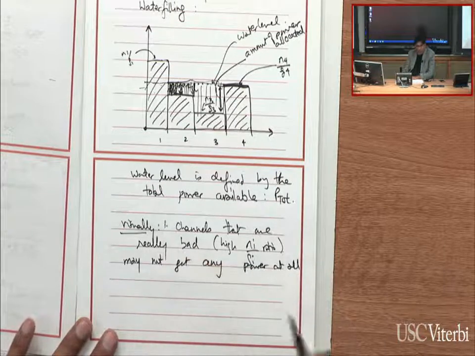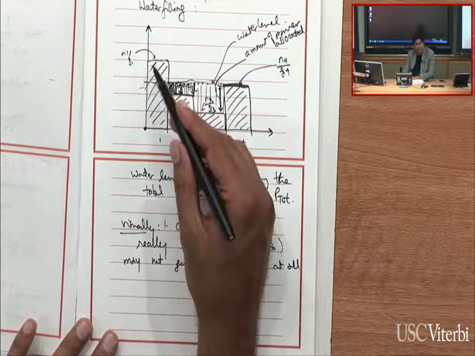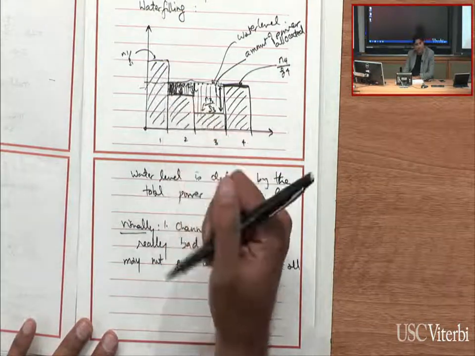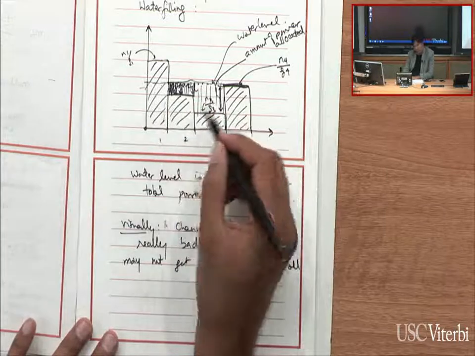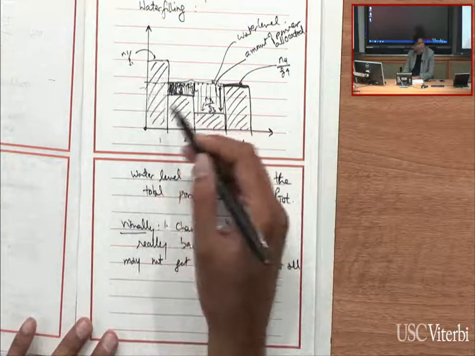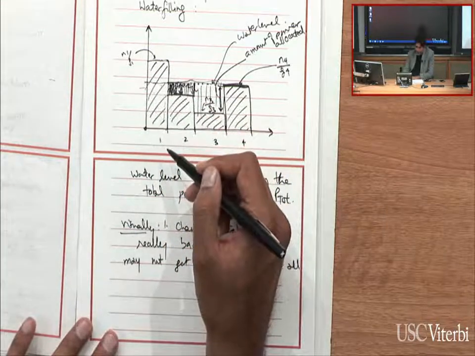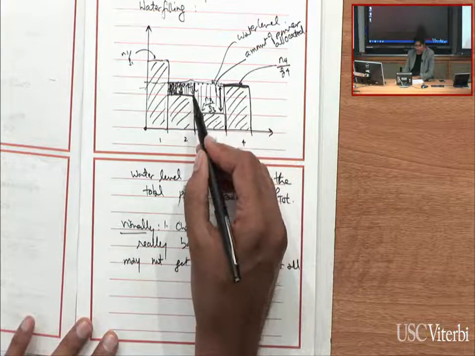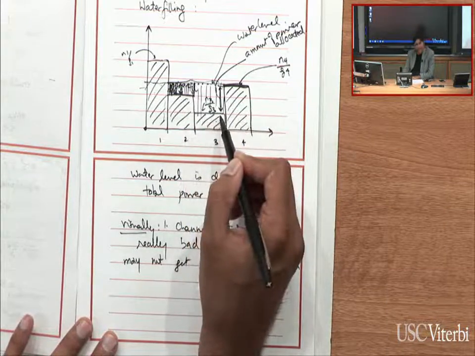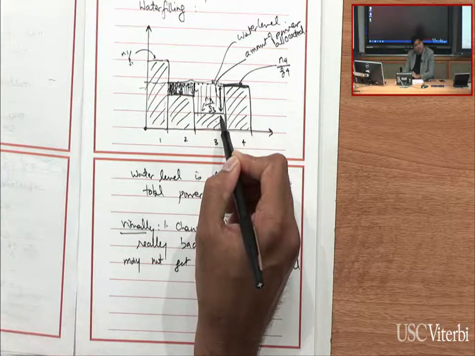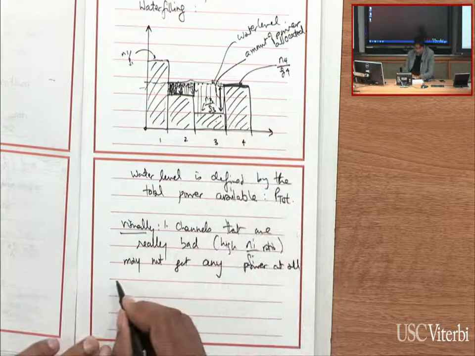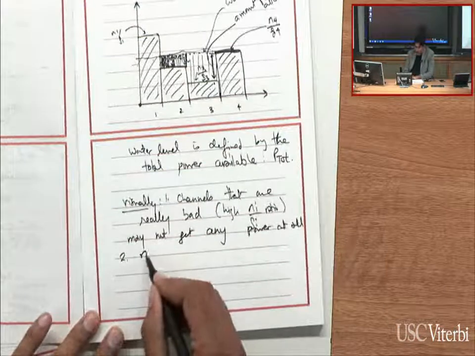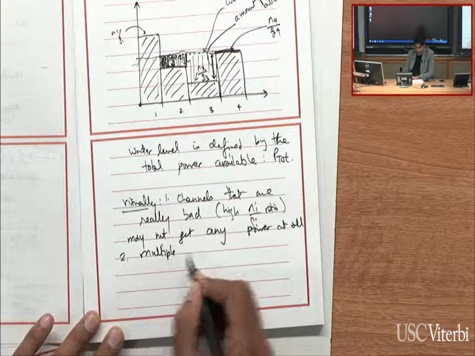So that's one thing you can observe. So that's this example. This channel has a very high noise to gain ratio. It's so noisy, its gain is so low. In this particular example, it got no power allocated to it at all. And then if you look at these two channels, the noisier channel got less power allocated than the lowest noise channel. Well, first of all, multiple channels may get allocated power.